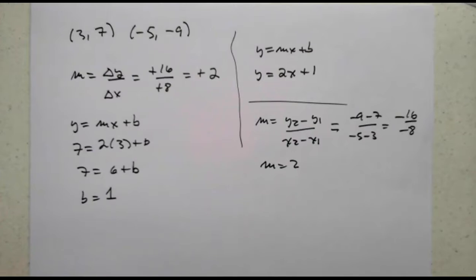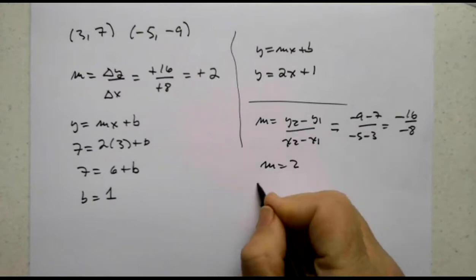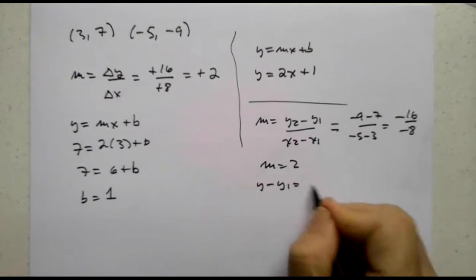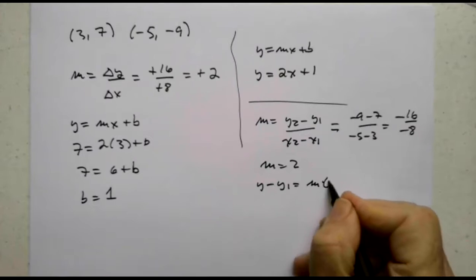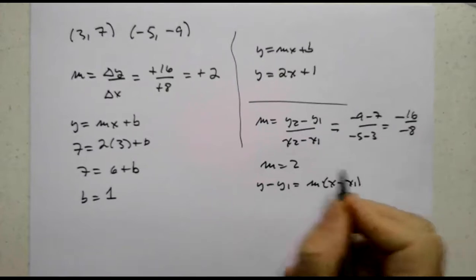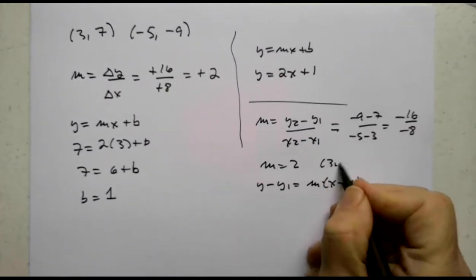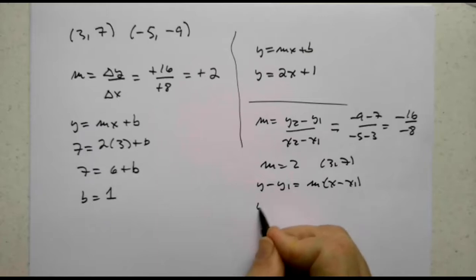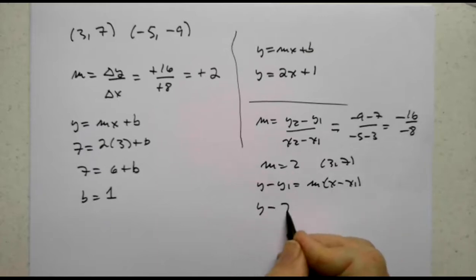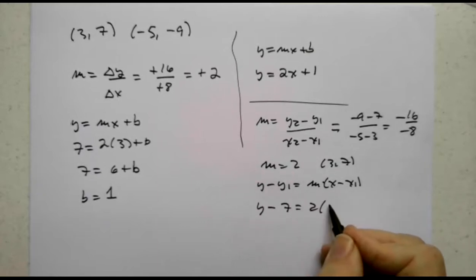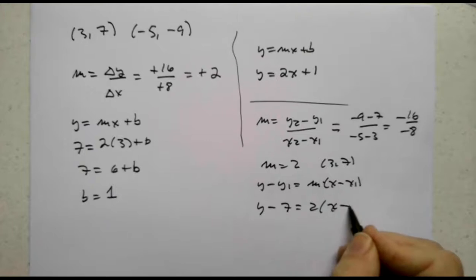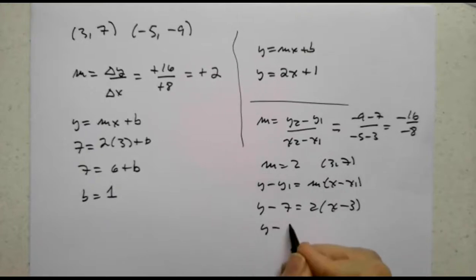And then you can also use point slope form. Point slope form is y minus y1 equals m times x minus x1. So if I'm using the point (3, 7), y minus 7 equals 2 times x minus 3.